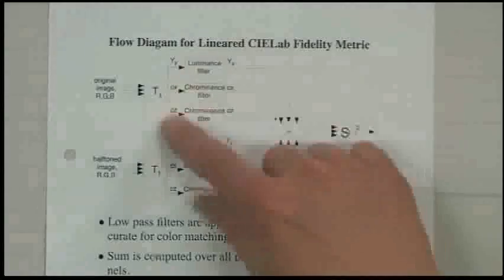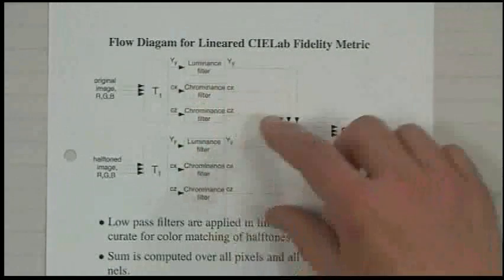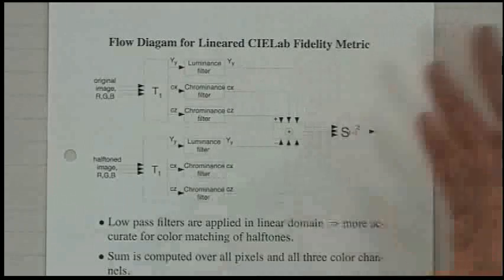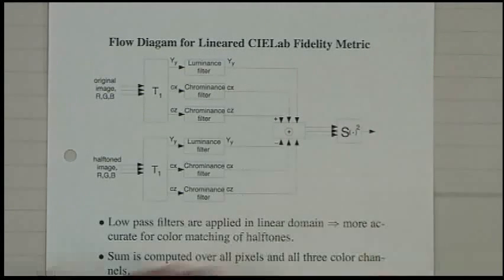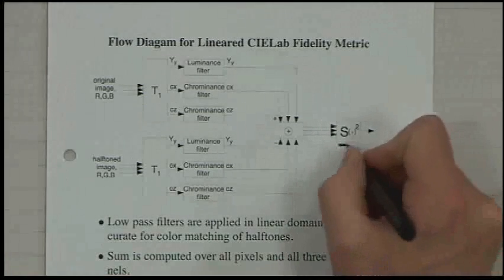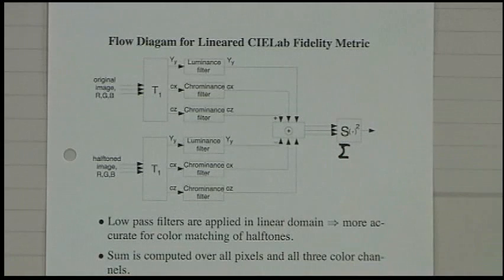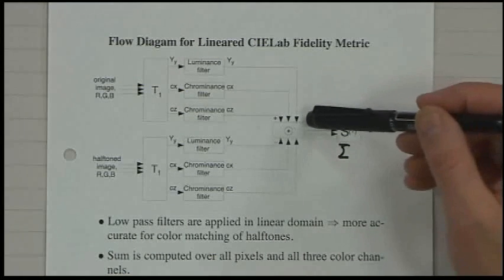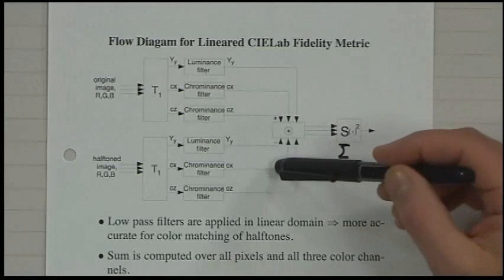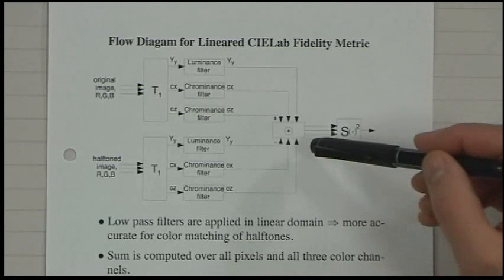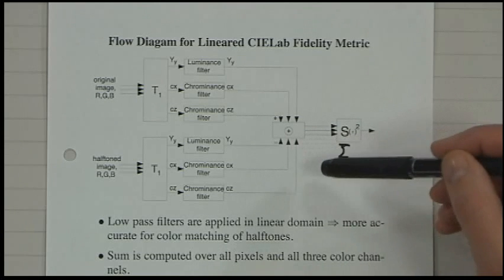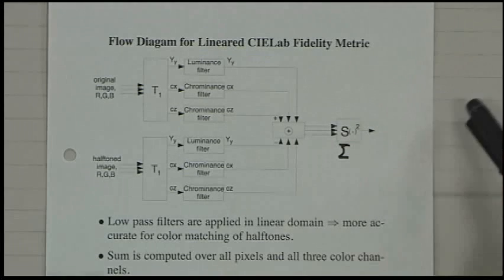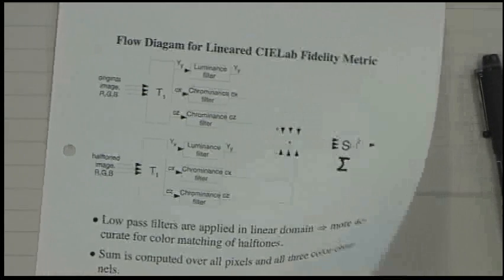If you design this metric of fidelity into some other algorithm, like a coding algorithm or a halftoning algorithm, we're going to talk about halftoning later, then you can simplify it by just applying the filters in the linear domain and computing these sums, this should be a sigma here, in the linearized domain without using the LAB transformation. But without the gamma correction, you're not accounting for the fact that your contrast sensitivity could be much higher in dark regions than in light regions. But it's an approximation you can use depending upon what the application is.